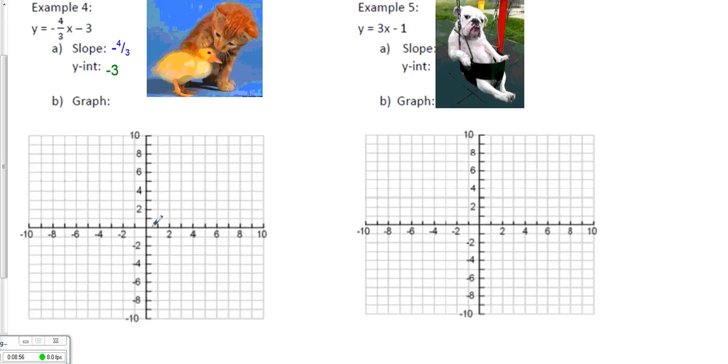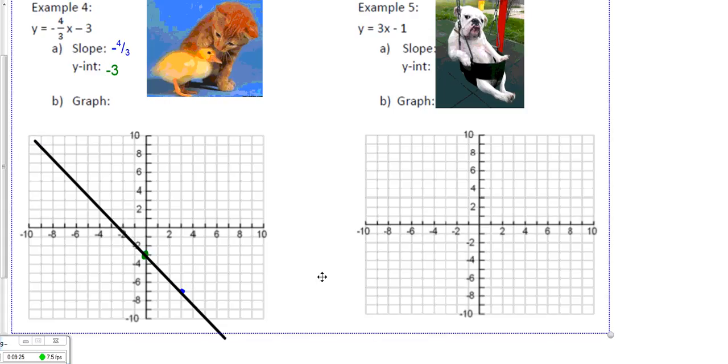The y-intercept tells us to start at -1, -2, -3, right here. This slope of -4/3 is telling us go down 4, 1, 2, 3, 4, and over 3, 1, 2, 3. We connect these with a line. I'm just going to use a regular line like this, and then extend it like that.